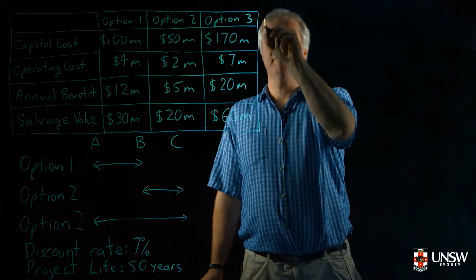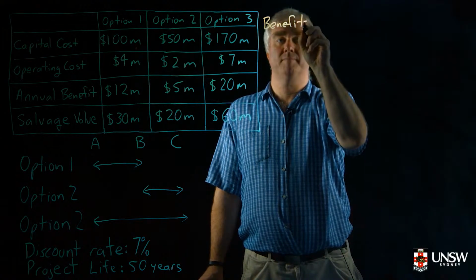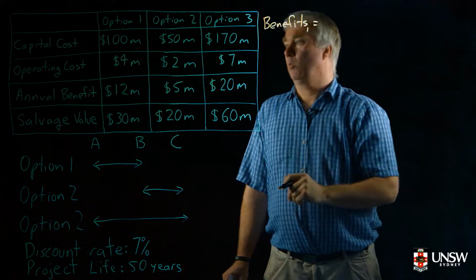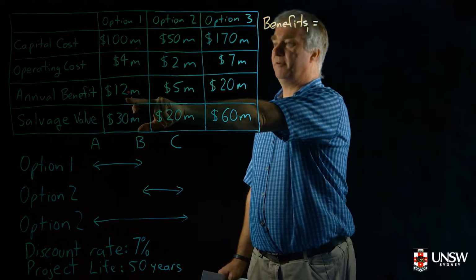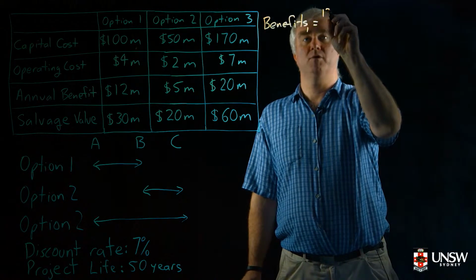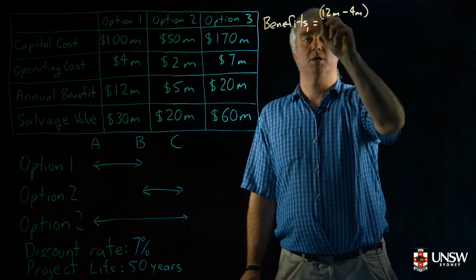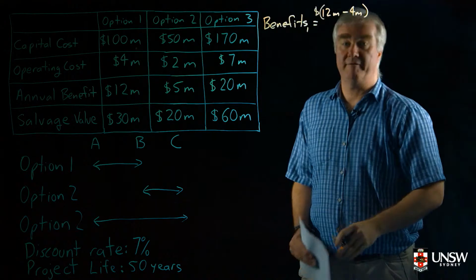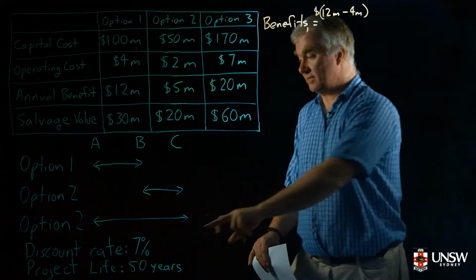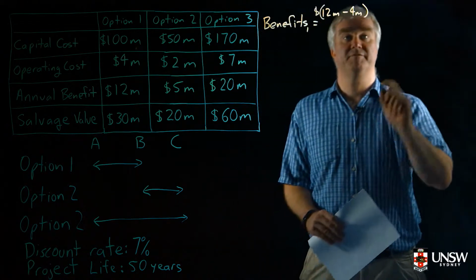So our benefits for option 1 is equal to, well, first of all, we have our annual benefit minus our operating cost. So that's going to be 12 million minus $4 million. We need our factor to bring it to a present value. So we said our discount rate is 7% and we said our project life is 50 years.